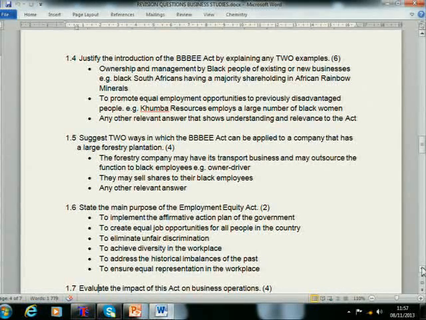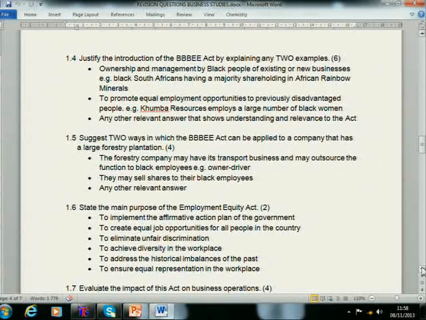And that's how you can put this into practice, or apply the knowledge that you have on this act. The second one could be to promote equal employment. Equity is one of the pillars: to promote equal employment opportunities to previously disadvantaged people. How is this done?